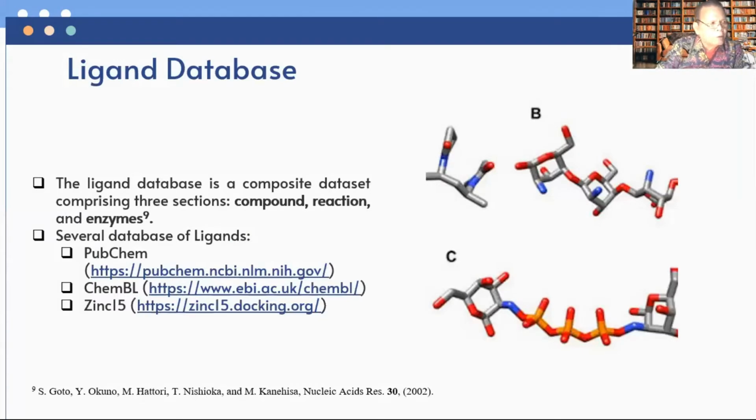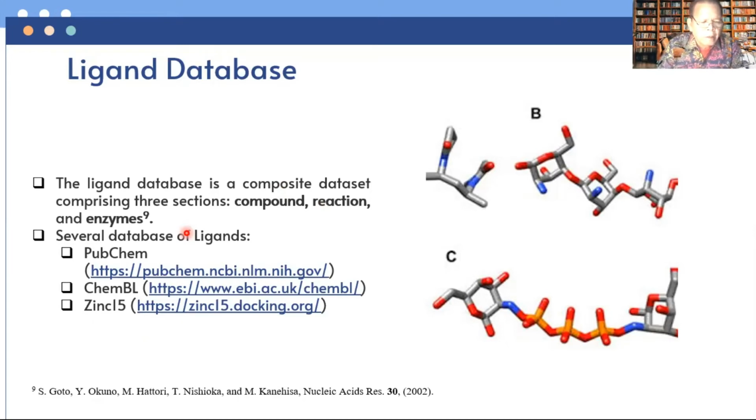Now let's see this one. The Ligand Database is a composite dataset comprising three sections: compound, reaction, and enzyme. See this one.